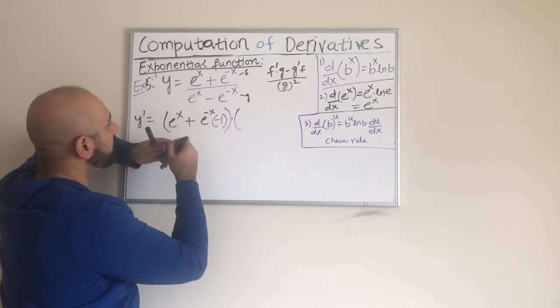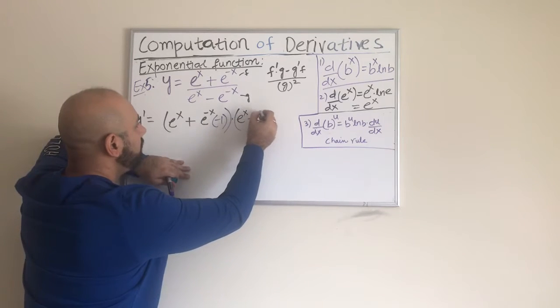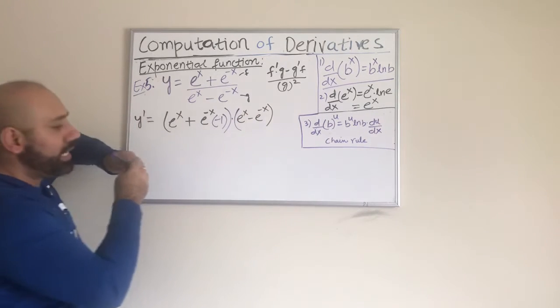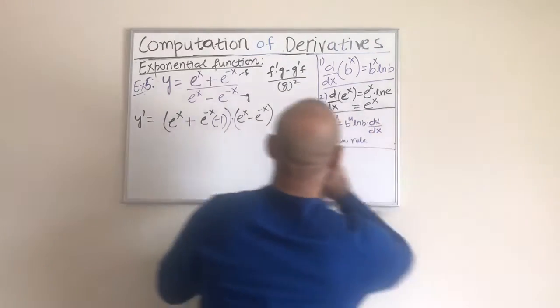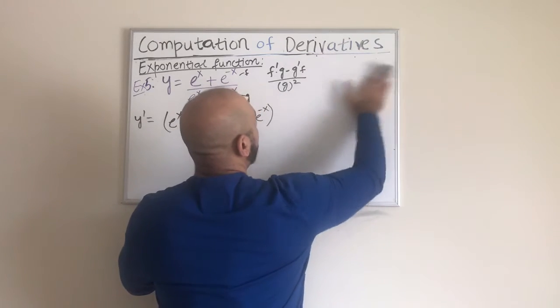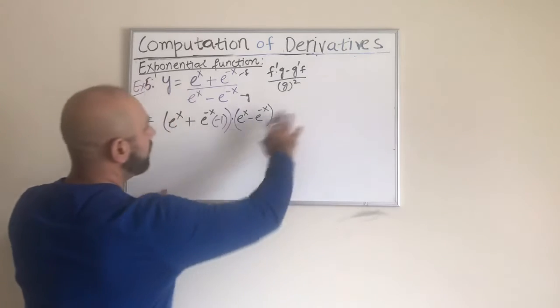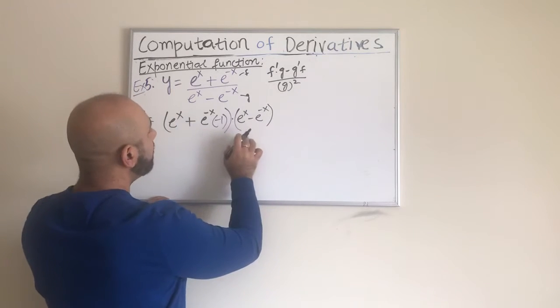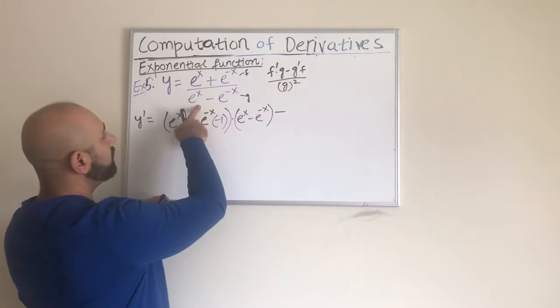So the g function is e to the power x minus e to the power -x. I think I need more space and I want to write everything out in one line. So I'm going to get rid of these formulas here. And let us see if we can squeeze in everything in this one line. That takes care of f prime times g, then minus, we have to do the g prime, which is the derivative of the denominator.